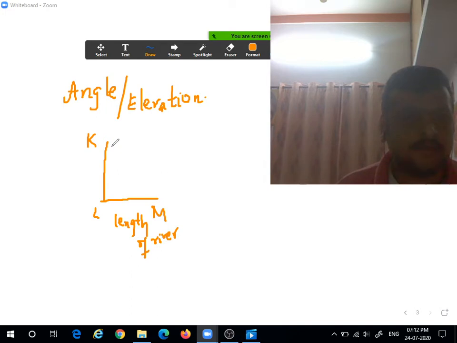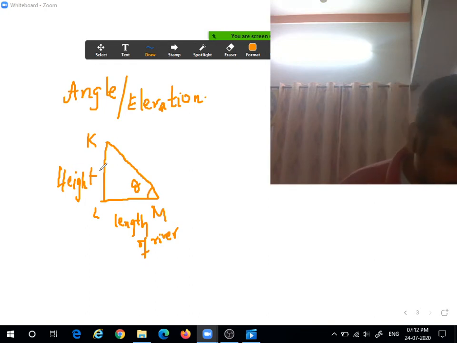And again, if we know this angle theta, if we know any one parameter, the length or the angle, we can also find the height. Is it not wonderful, student? Look at the beauty of trigonometry.